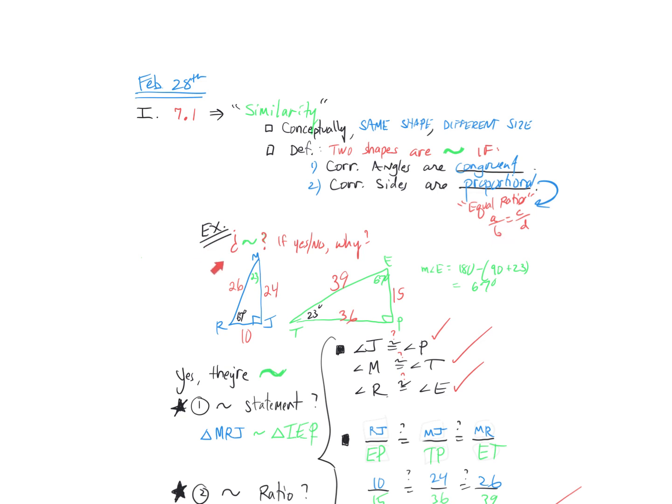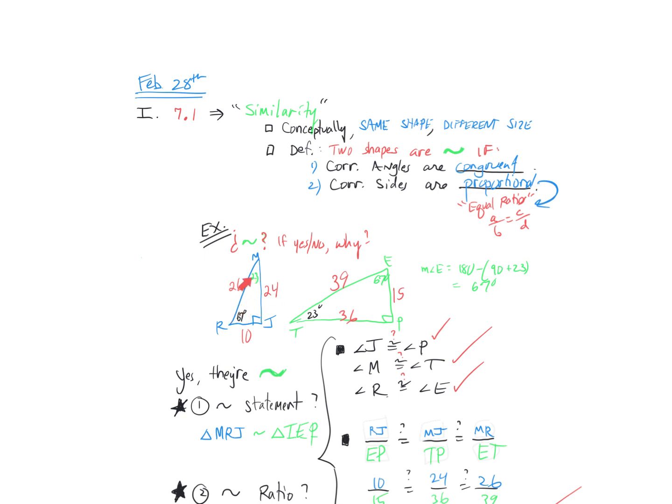As an example, can we prove whether or not these triangles are similar? First, we'll start with part one, corresponding angles. Well, J and P are both 90 degrees, so they're congruent. Using the triangle sum theorem, which says the three angles add up to 180, we know that 90 plus 23, if we subtract that from 180, we'll get the third angle, which is 67.